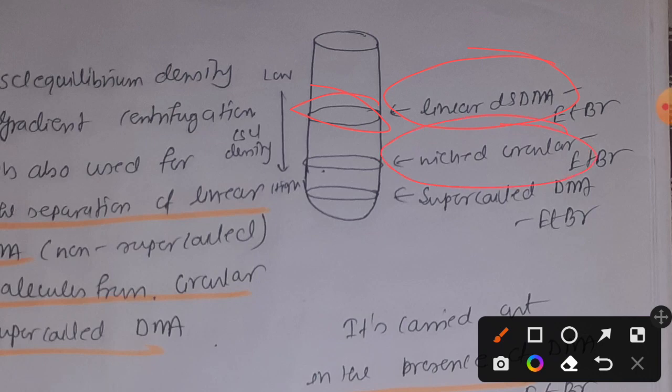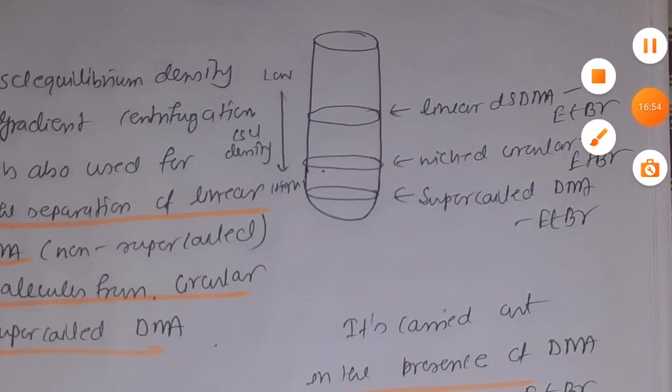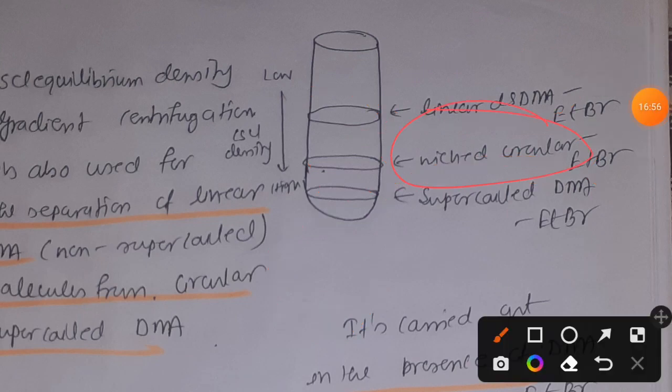Next, in nicked circular DNA, there is a particular position where the ETBr can find a gap, and they can access this gap to increase their binding and unwinding. That is why you will get nicked circular DNA molecule at the middle.